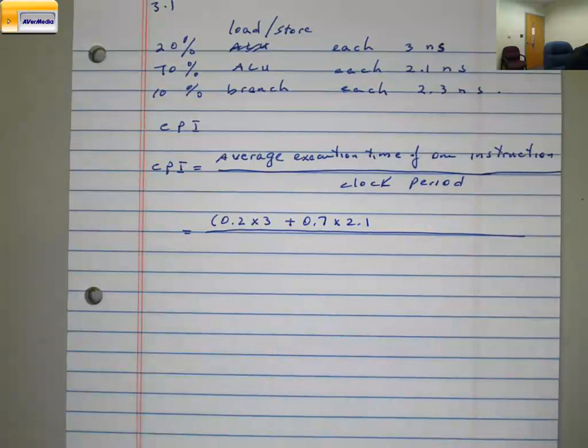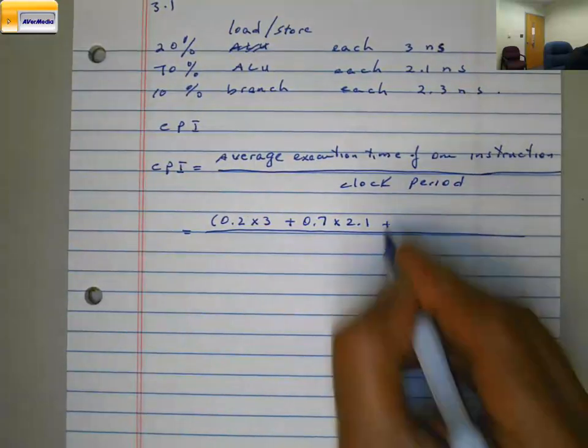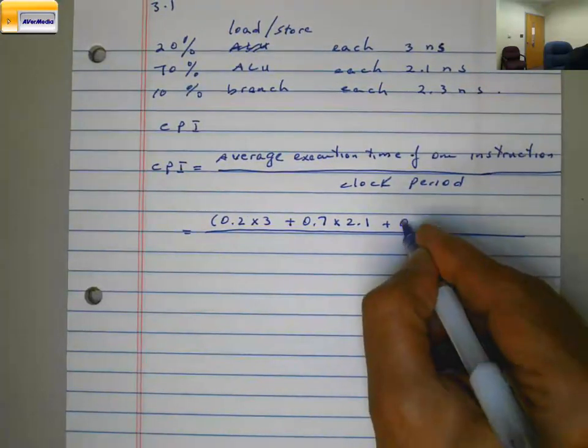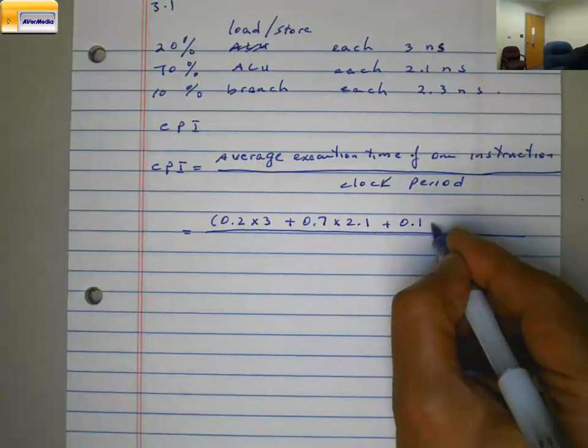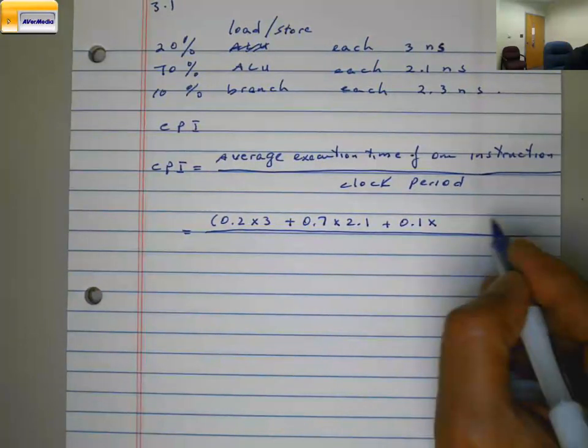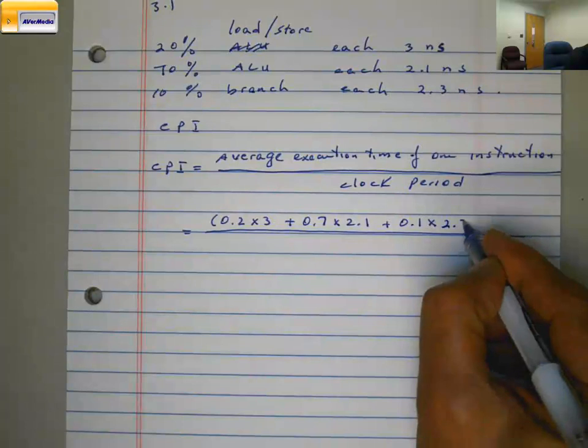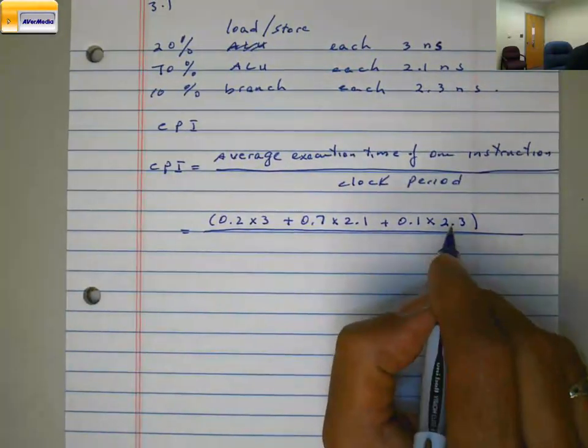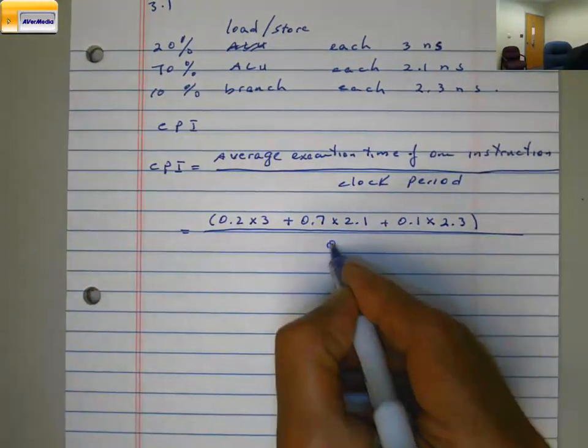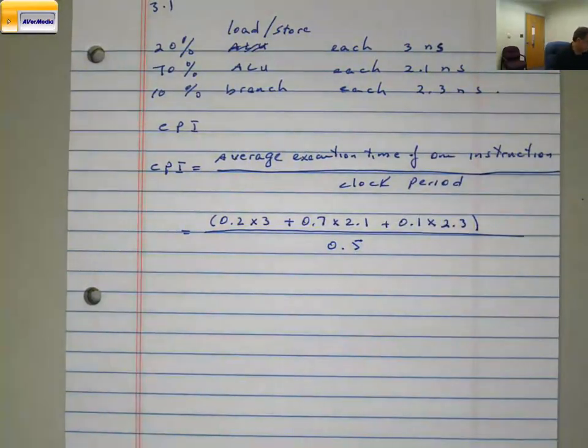On average, they take 2.1 nanoseconds, plus 10% are branch instructions, so 0.1 times 2.3 nanoseconds, divided by 0.5, because we said it is 500 picoseconds.